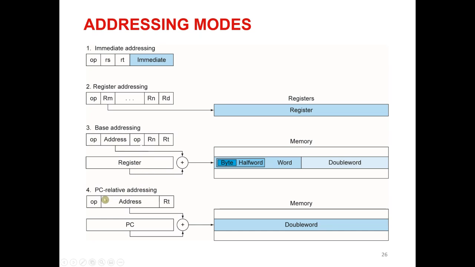And then the program counter or PC relative addressing, in which the address is indicated by the program counter and adding an address indicated in one field of the instruction. Okay. Let me check if you have any questions before moving to the next part.